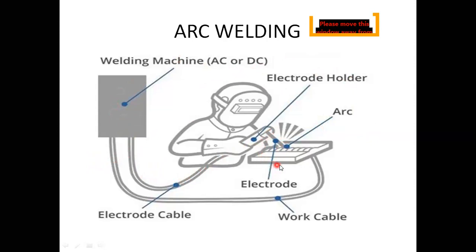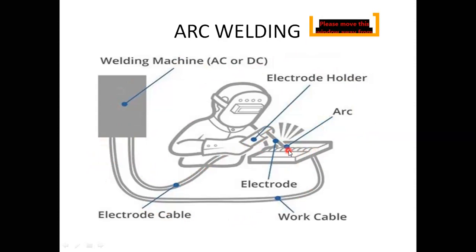This is the workspace in which two metals are joined. Another wire is attached to it, either to a table, maybe a soldering table, or directly to the work metal.